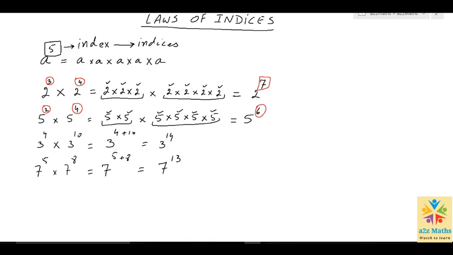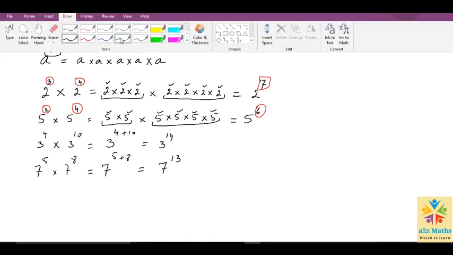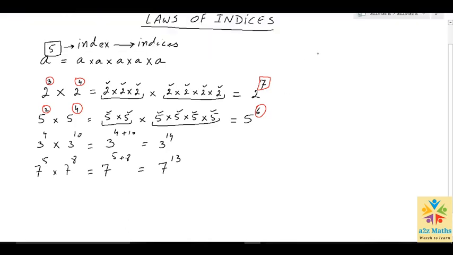So it means that whenever there is multiplication, we can generalize: whenever I have a to the power m and I multiply it by a to the power n, the result is a power m plus n. So we add these powers. This is the first law of this topic.